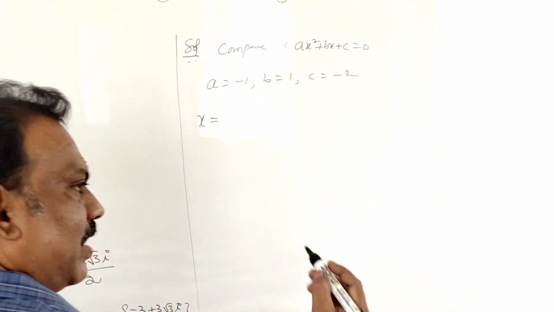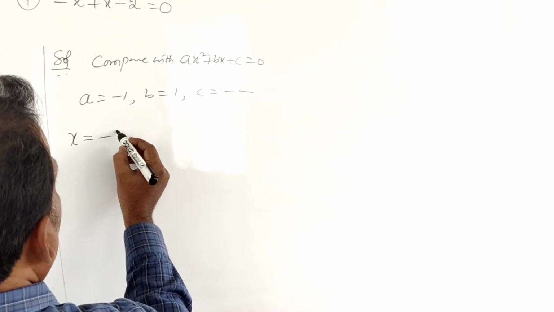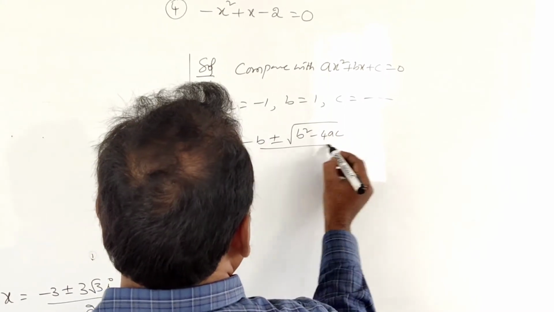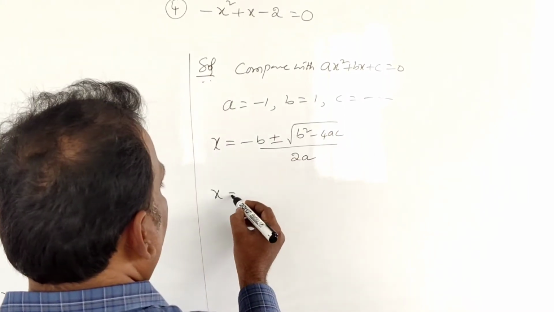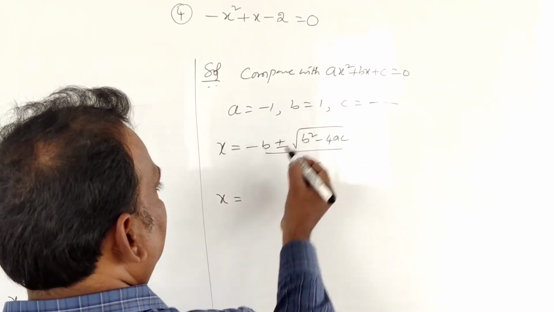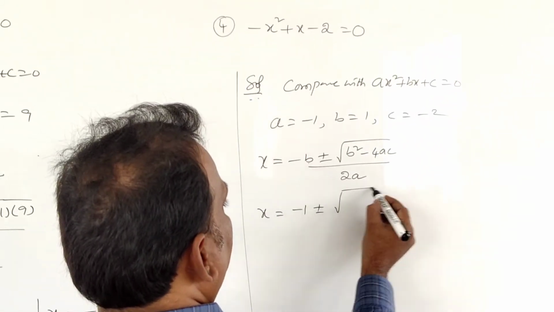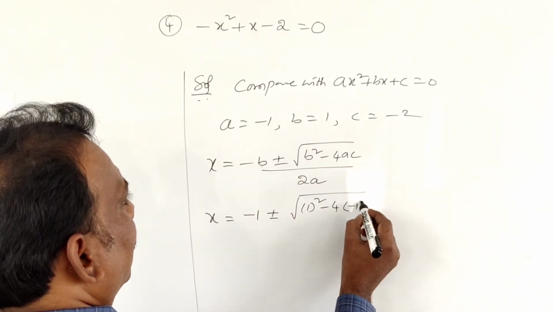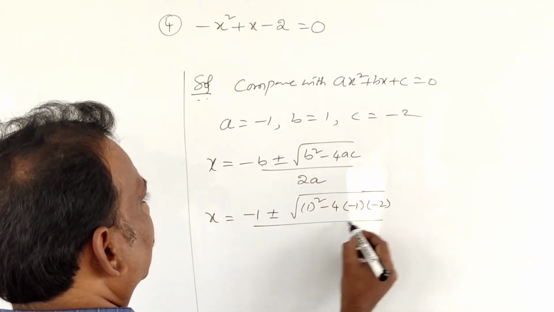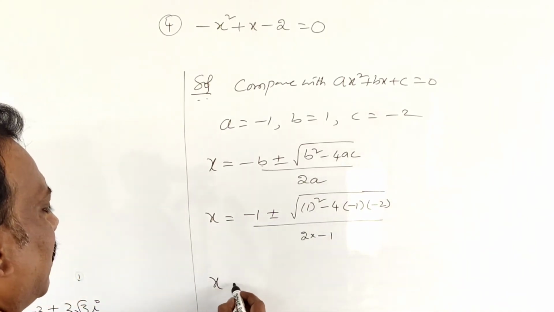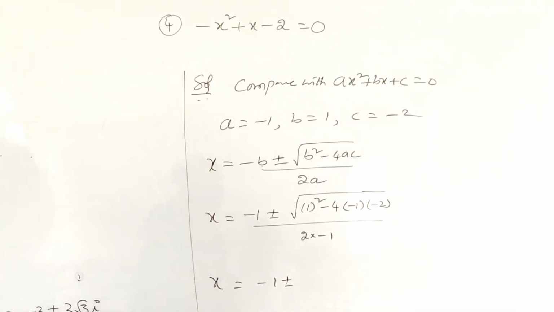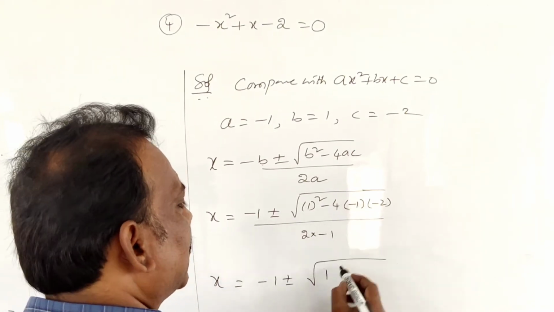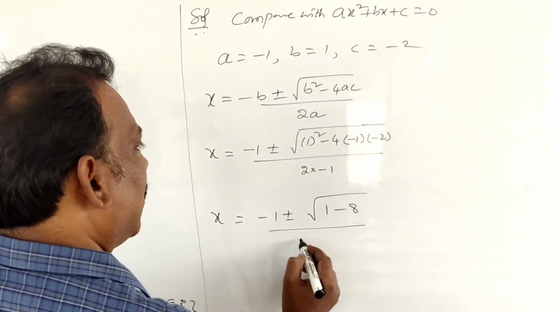We have the roots formula x is equal to minus b plus or minus square root of b square minus 4ac upon 2a. x is equal to minus b value 1, minus 1 plus or minus b square, 1 square minus 4 into a value minus 1, c value minus 2, upon 2 into minus 1. x is equal to minus 1 plus or minus under root 1 minus into minus plus, plus into minus 8 upon minus 2.